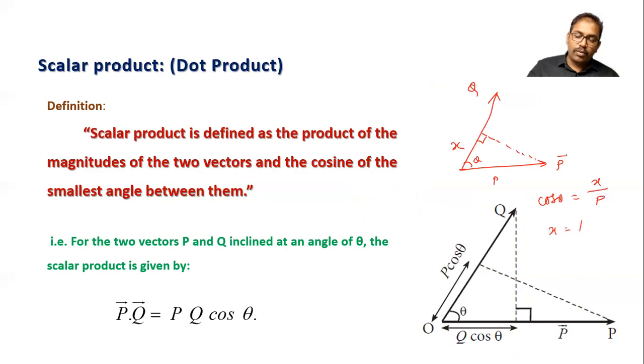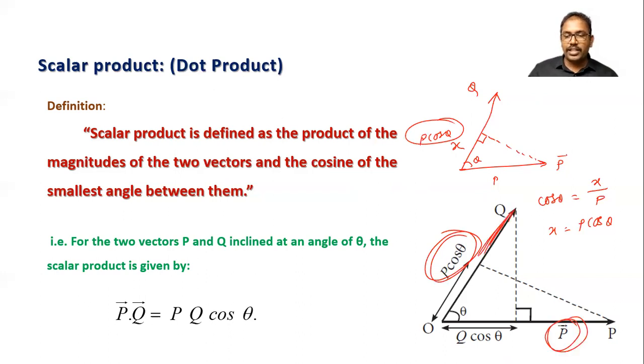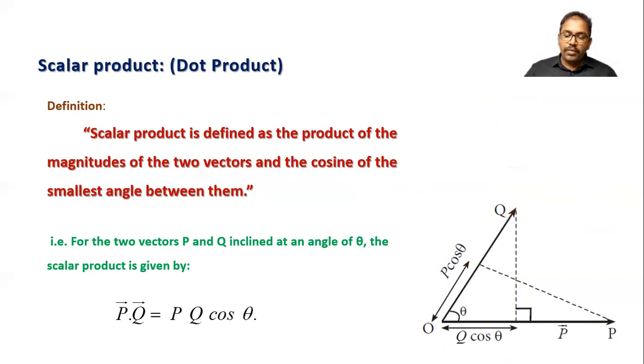So x is equal to p cos theta. This side is p cos theta. Vector p bar is in this direction and its component p cos theta is like this.